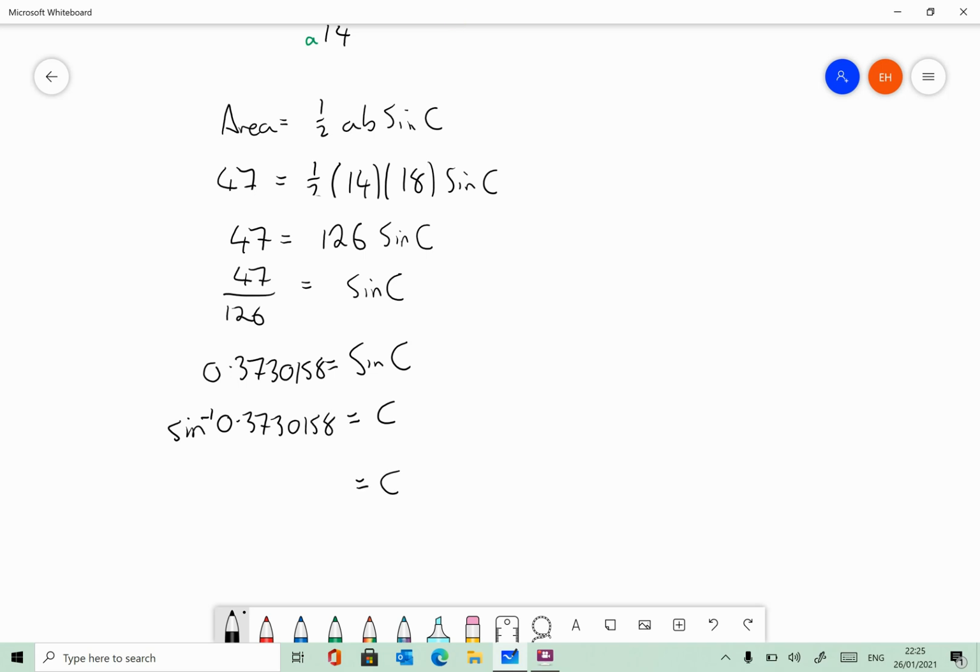C is equal to shift sine inverse of answer, equals 21.901 degrees to the nearest degree, so it's 22 degrees is equal to C. Yeah, look, it's just basically using a formula and being comfortable enough to use that formula forwards and backwards. Nothing really there, to be honest with you guys.